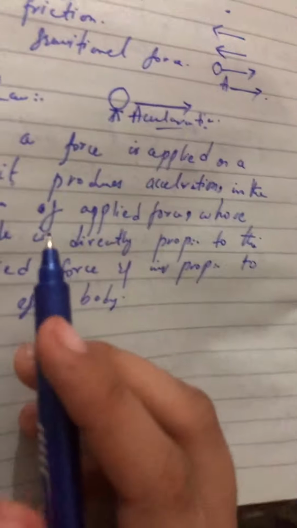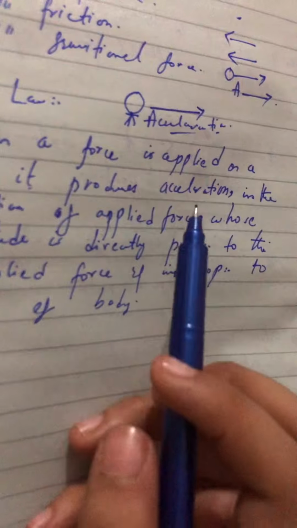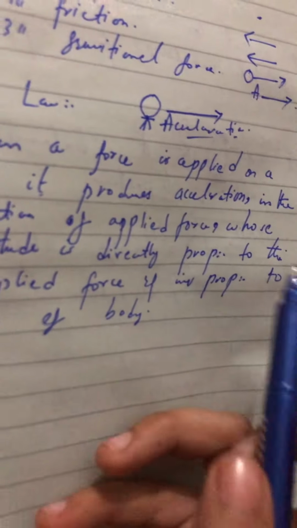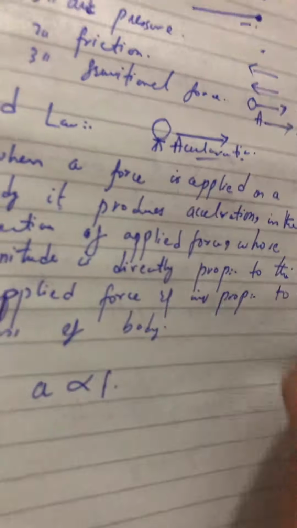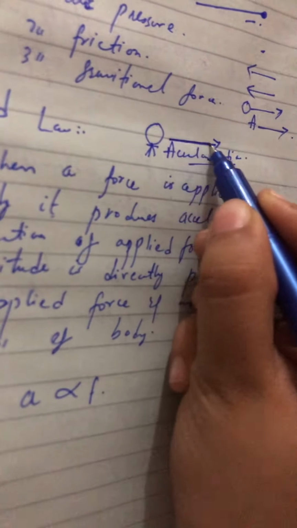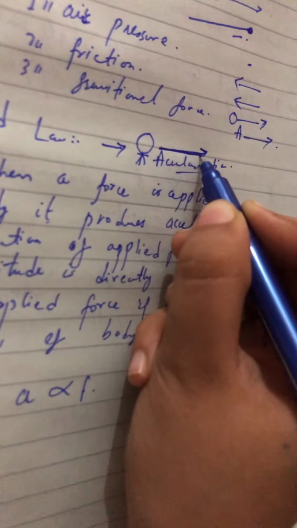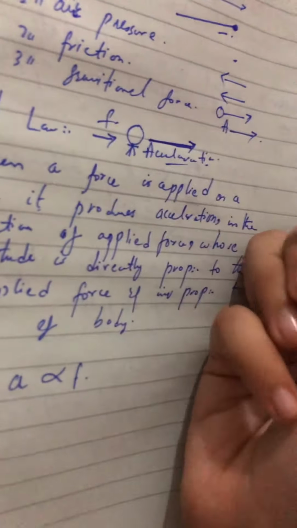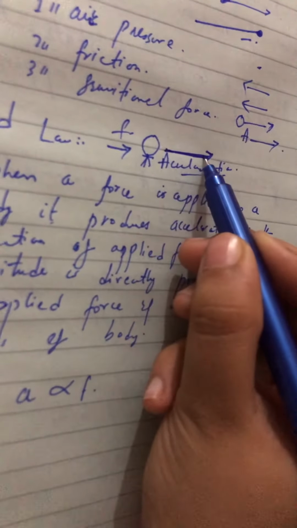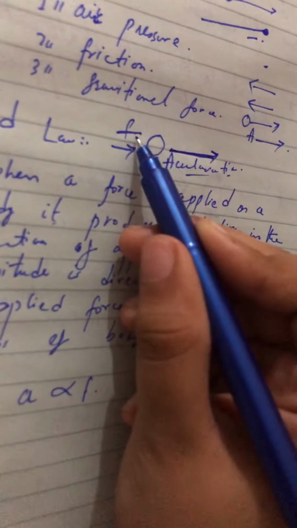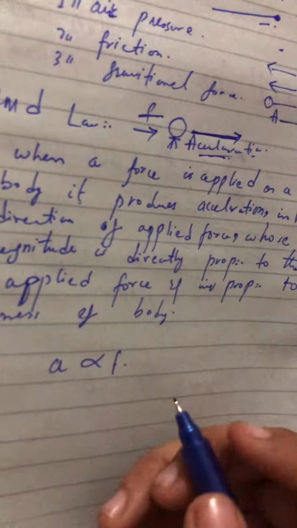The magnitude of acceleration is directly proportional to the force. Here you can see the body is moving from here to here. Obviously some external force is applied on it, that's why it's moving. So acceleration is directly proportional to the force.